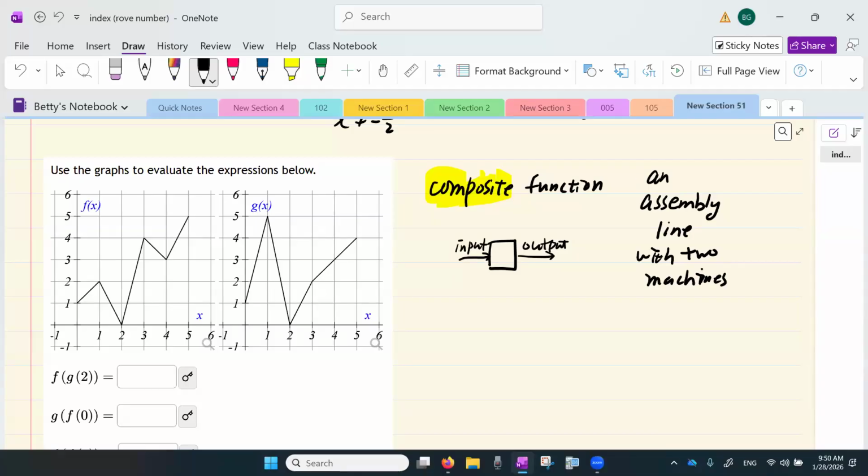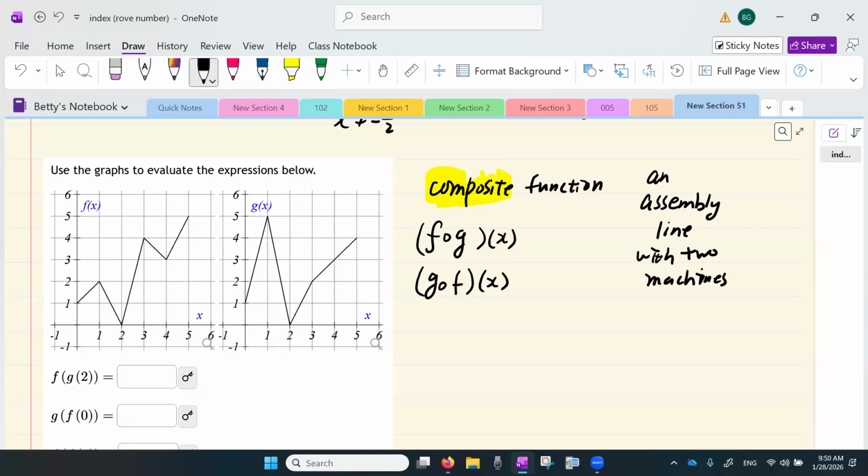All right? So what does a composite function look like? It looks like this, or this. It depends on the notation for the two functions. Yeah, it has a circle. All right, this is what you do.